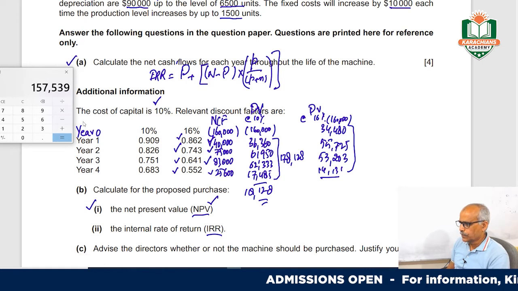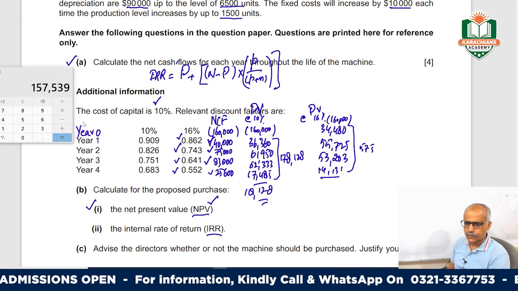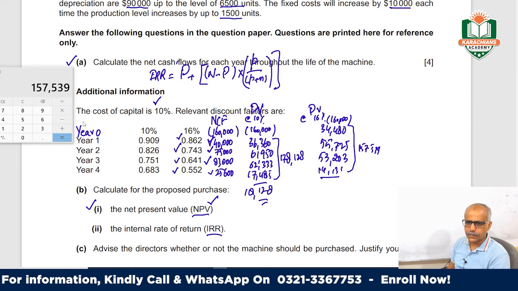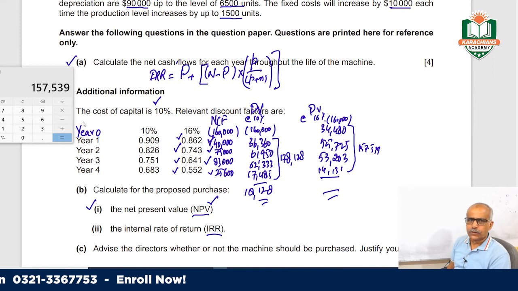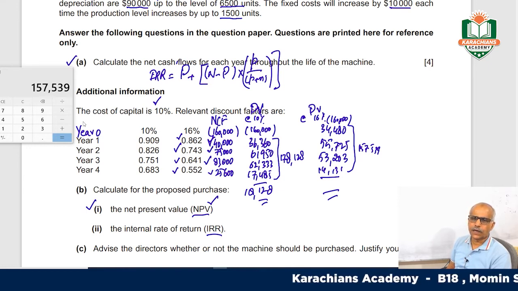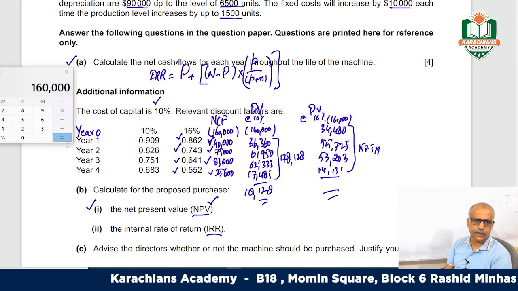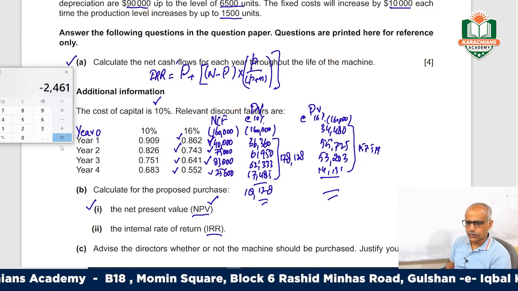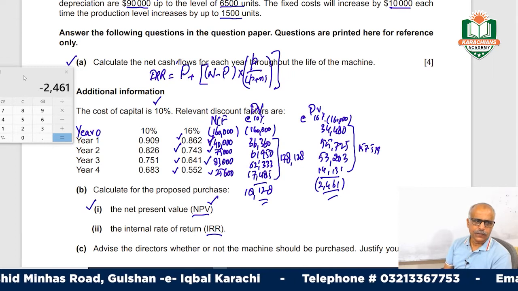So its total will be 157,539. Now the present value of net cash inflows is lesser than the outflows. It means your NPV will be negative. So at 16% this is not viable, and this will be 2,461. So we have calculated this.